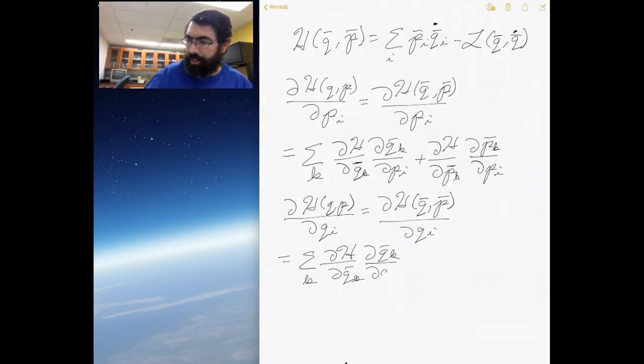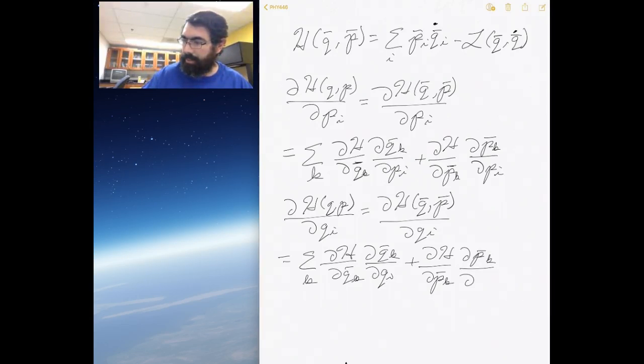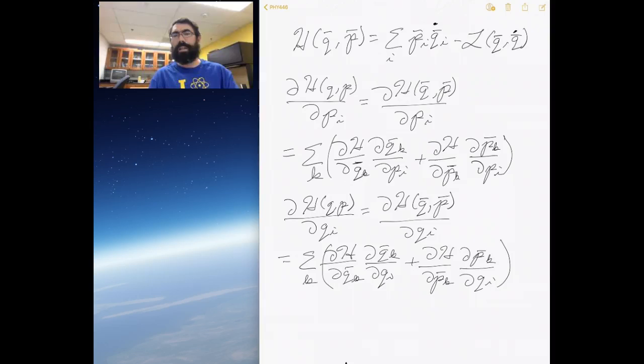Where now I'm just taking the derivative with respect to position in the original frame of reference. And I don't want to forget the parentheses to show that I'm taking the sum over both terms.